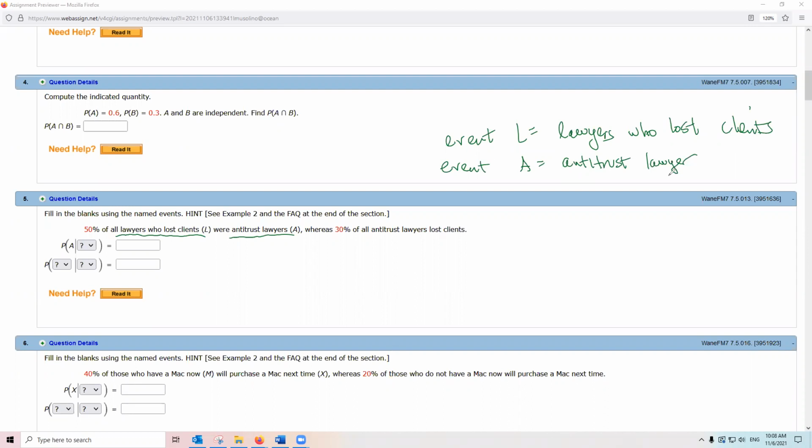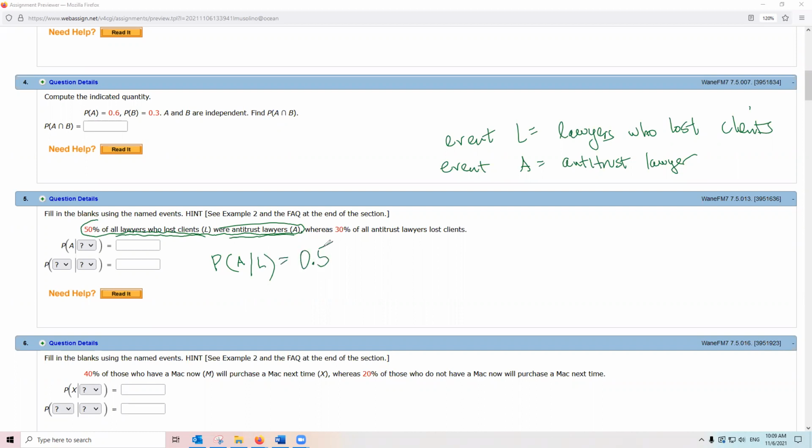All right, let me go to this first sentence here. It says 50% of all lawyers who lost clients were antitrust lawyers. So really the way I can think about that is the probability that a lawyer is an antitrust lawyer, given that they lost clients, that probability is 0.5.